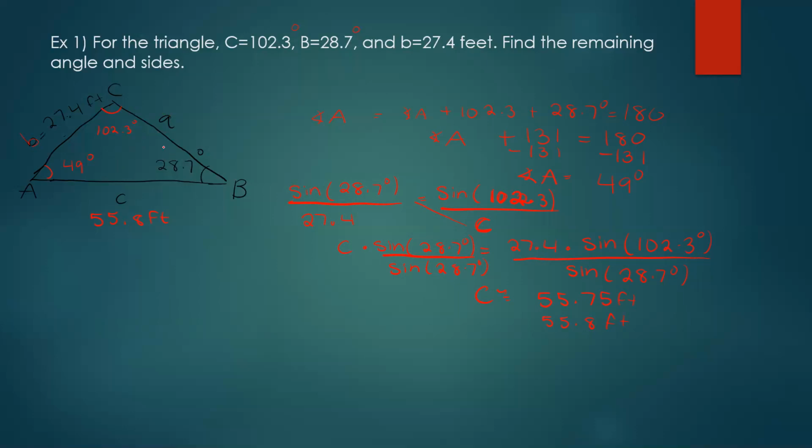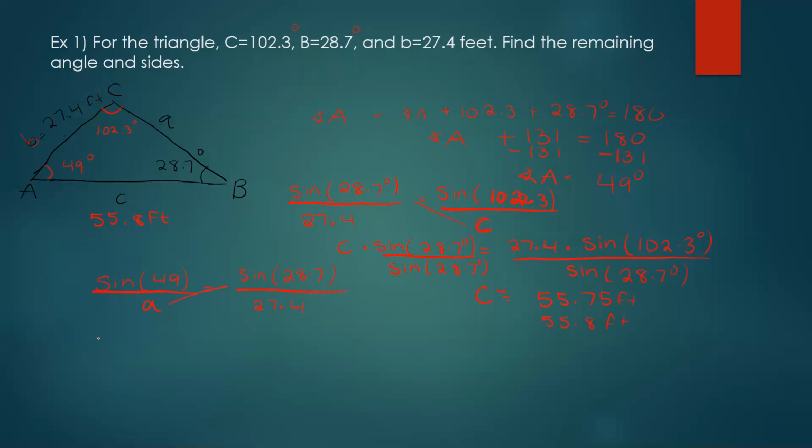Pythagorean only works for right triangles, so we'll still have to do the law of sines. So I could do sine of 49 over side length a, equals sine of 28.7 over side length b, which is 27.4.